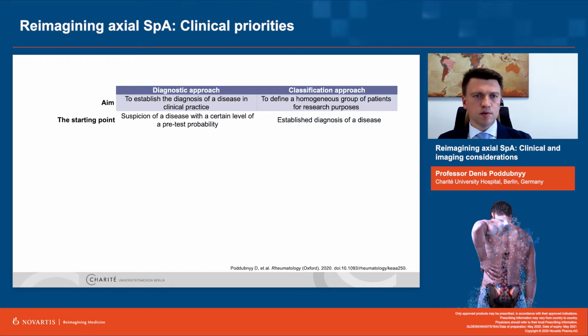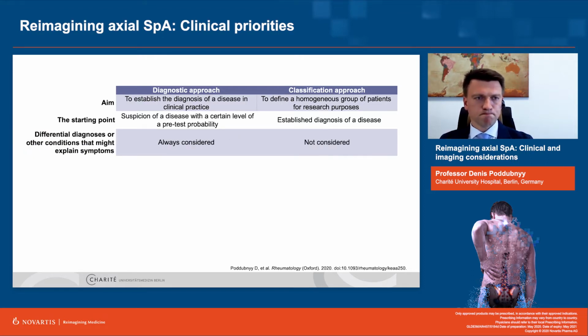In the diagnostic approach, we have a suspicion of the disease. In the classification approach, we already have an established diagnosis, and this is very important: prior to application of classification criteria, we have to establish the diagnosis, in our case, of axial spondyloarthritis. The role of differential diagnosis and other conditions that might explain symptoms of the patient is also different.